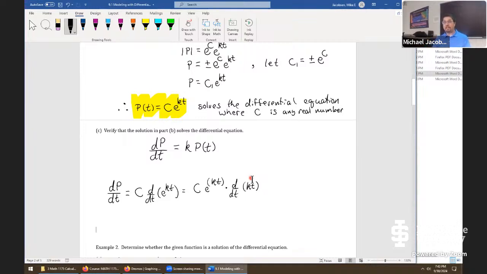Back over here, that derivative is just k. Imagine differentiating 5 times x or something like that. The derivative is 5. So this turns into, first, just copying c e to the kt, times this derivative, which is just a k. And now when we look at c e to the kt, that's just the p of t function originally.